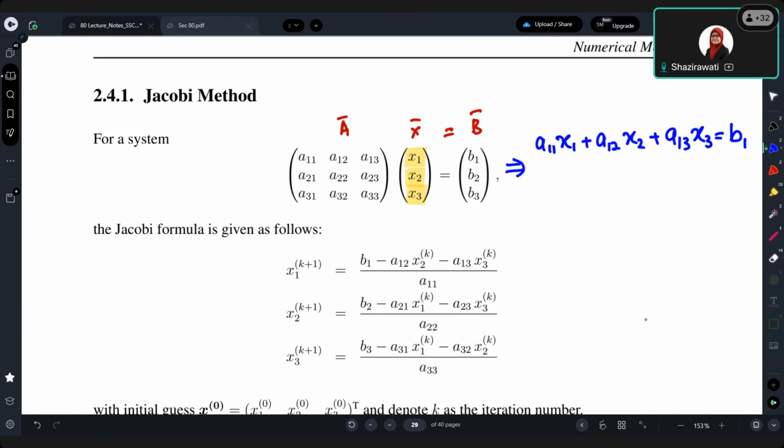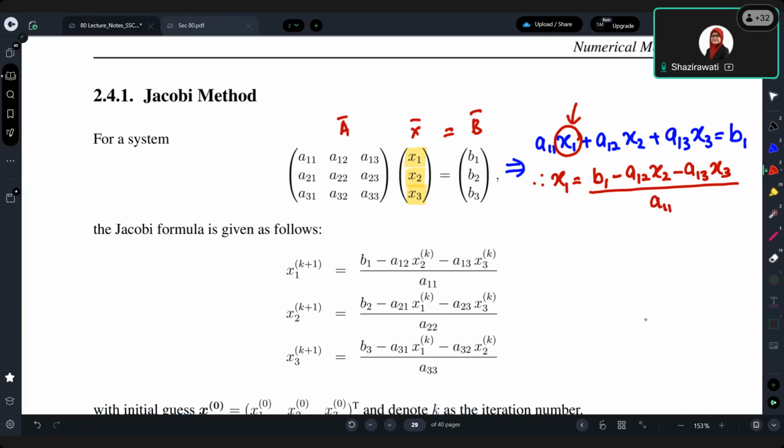So from the first equation, from the first row, you need to take out X1 to be the main subject. So X1 is equal to B1 minus A12x2 minus A13x3, over A11.